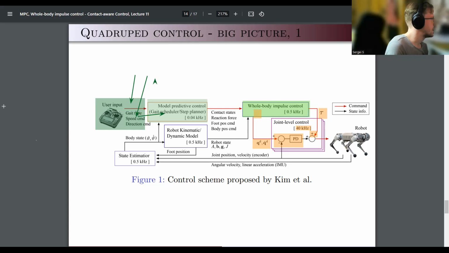Now, also what we didn't discuss is this part here, robot kinematic and dynamic model. This usually refers to some instrument, like Pinocchio, for example, which would provide you matrices, H matrix, A, B matrices, etc. You often need them, and they need to be evaluated fast.